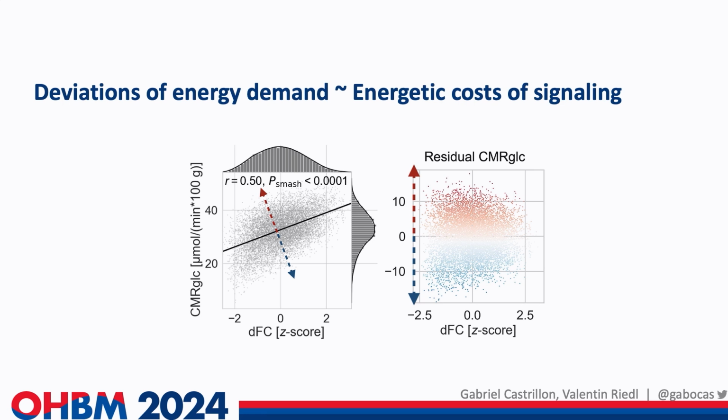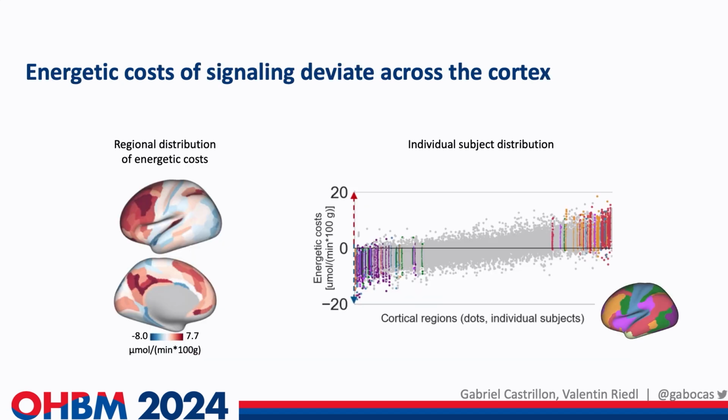Now, if we plot these values on the brain, an interesting pattern emerges. So this is here across participants. You can see that regions of the brain that have high energetic cost of signaling mostly cover transmodal cortices, whereas regions with a lower energetic demand are more in motor or primary sensory regions.